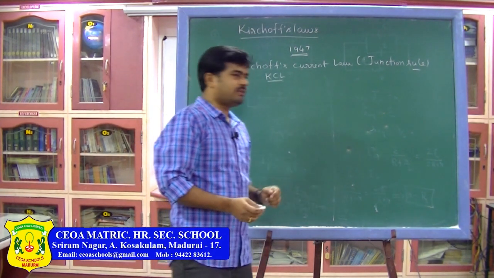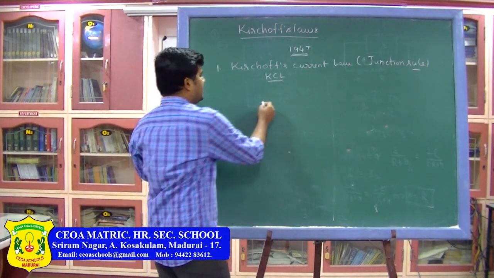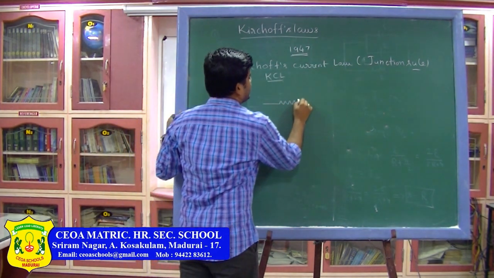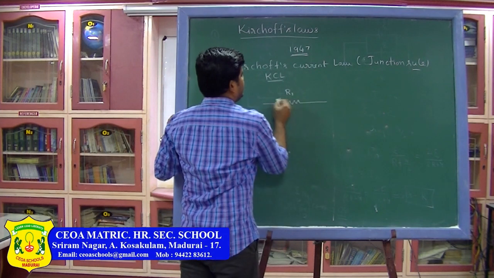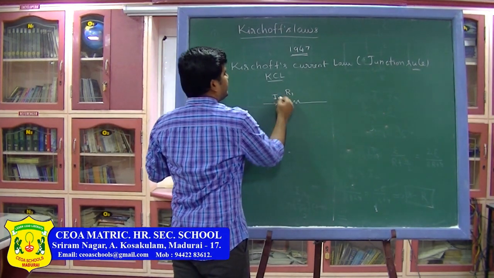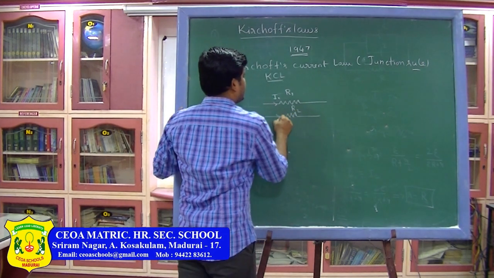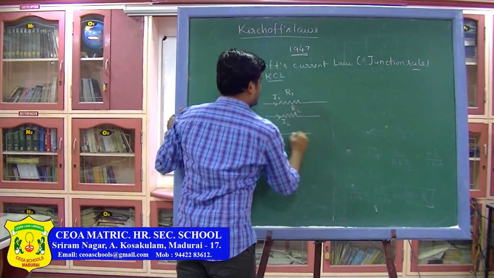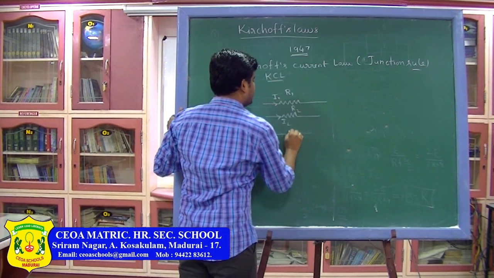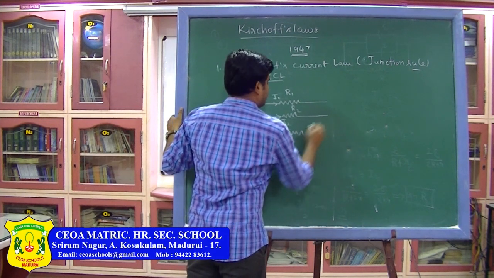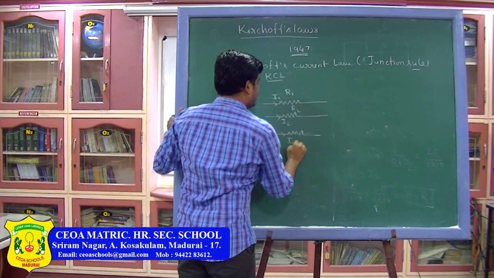So, let me take one example for understanding this. Let us say there are 3 resistors, R1 carrying a current of I1, the second resistor R2 through which the current is I2 amperes, and then another resistor R3 carrying a current of I3.